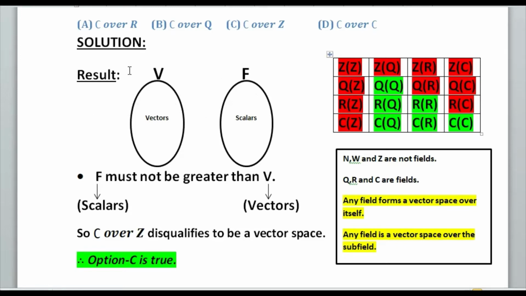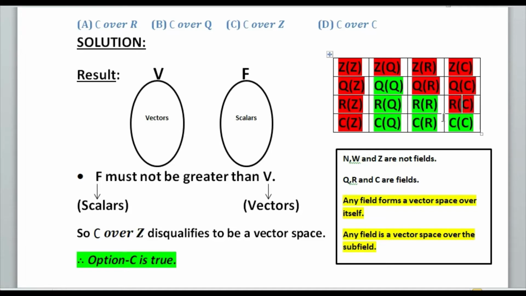Let us see along with examples. You can see Q over Z. Q over Z is not a vector space because Z is not a field. You can see R over C is not a vector space. Although C is a field, C is greater than R, so R over C is not a vector space.